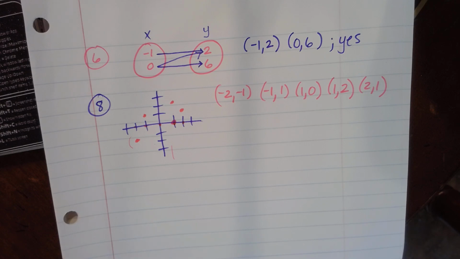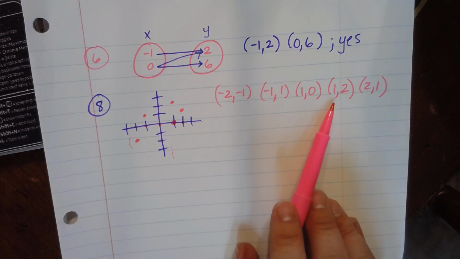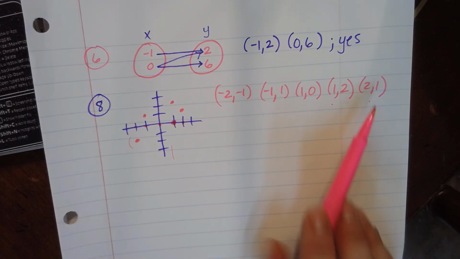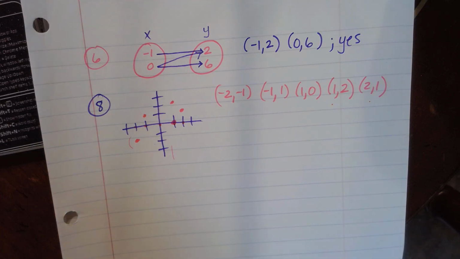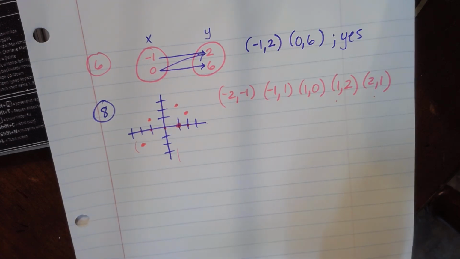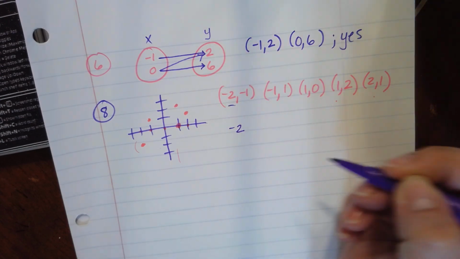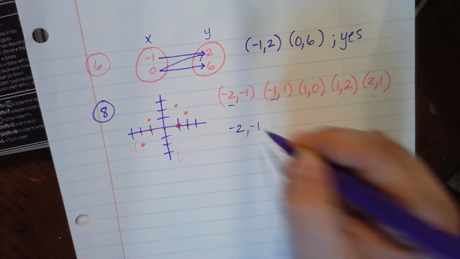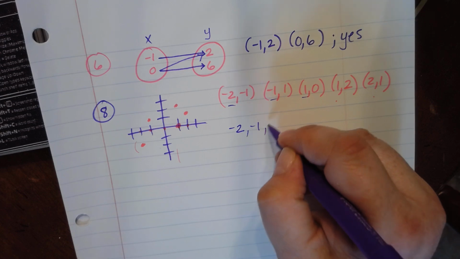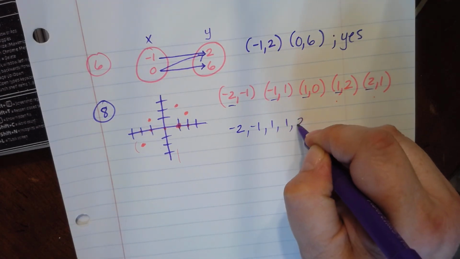And now they want to know if it is a function. I just wanted to double check myself on these since I drew them in. Okay, so again, I know if it's a function if I only have each x once, right? You don't have to do this, okay? But I've got a -2, I've got a -1, you don't have to write this. I'm just listing them. +1, +1, and a +2.